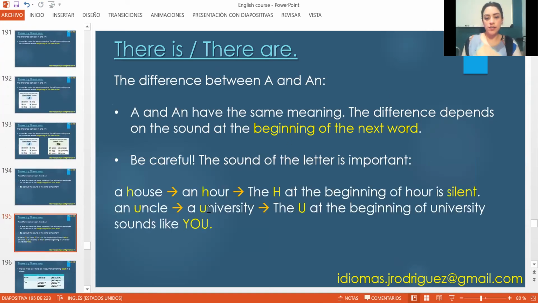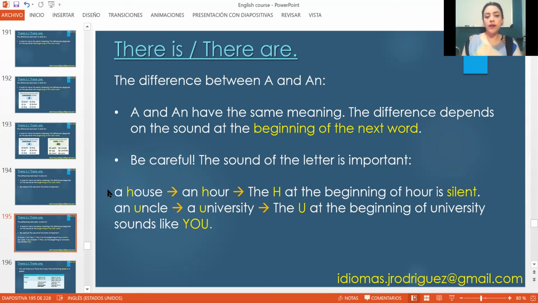Okay, university. It starts with U, but we don't use N. Empieza con U, pero no usamos N. No importa que tengamos la vocal aquí. El sonido es U, not exactly university. Okay, we say university. So we use a.